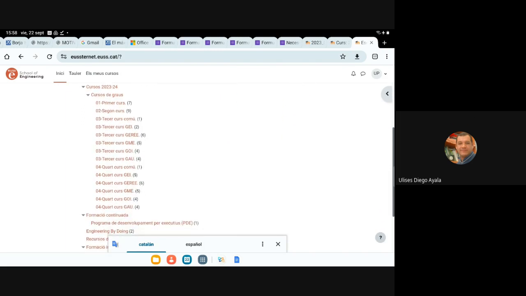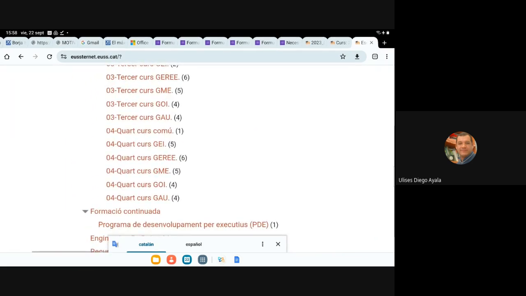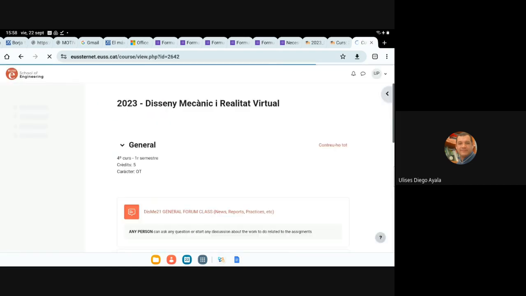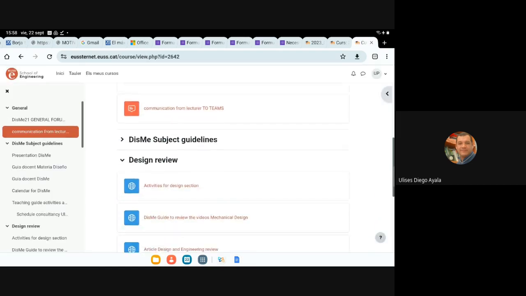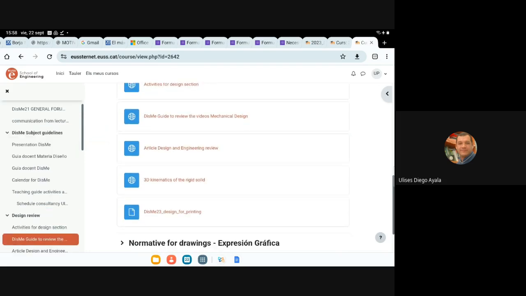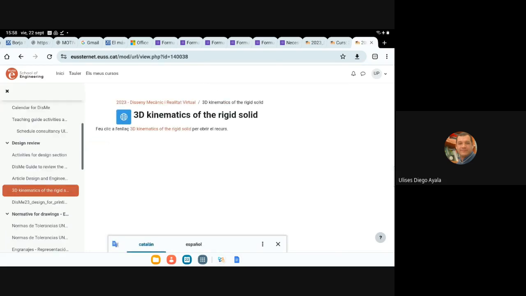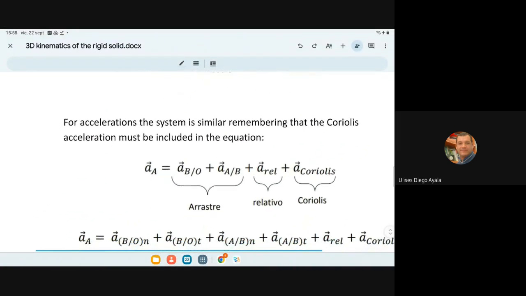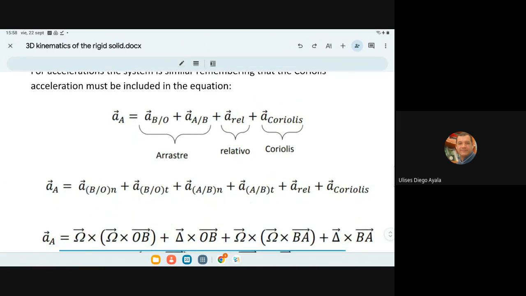So in acceleration, we have the same again: arrastre, relativo, Coriolis.